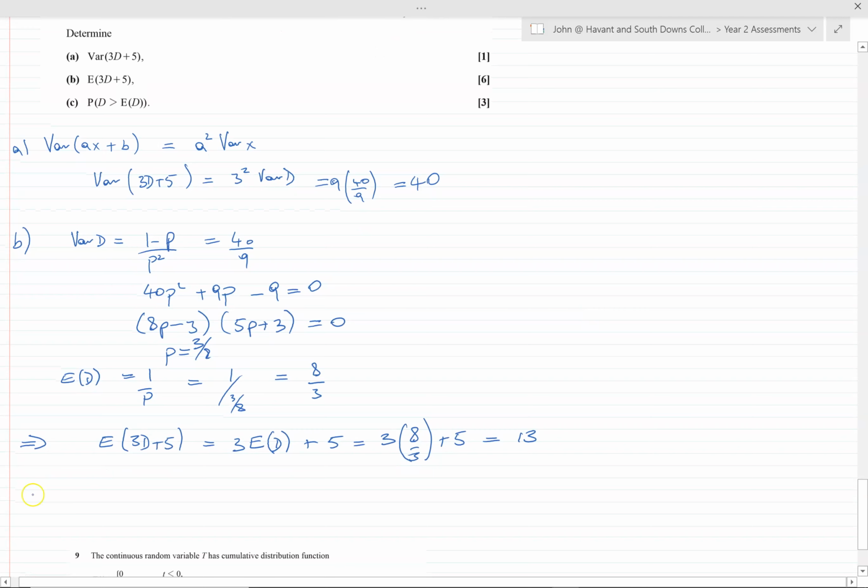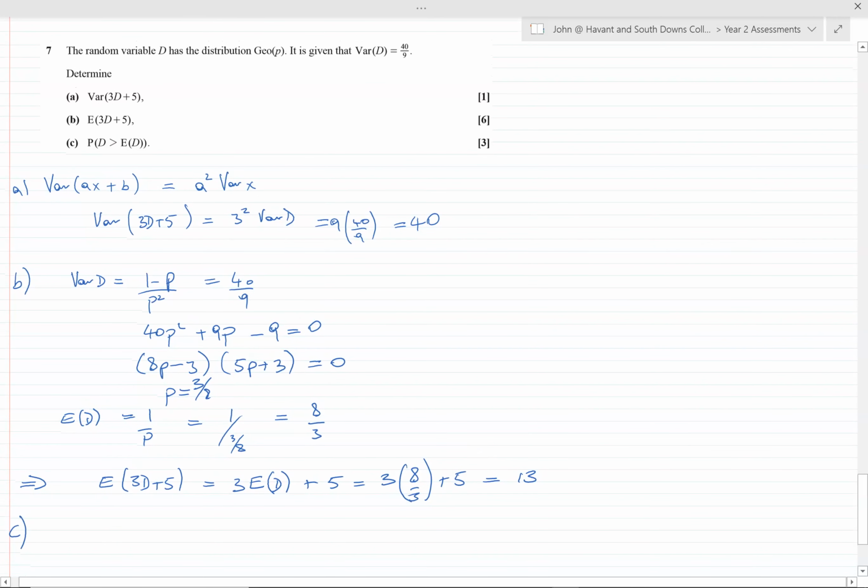And then finally, part C. Part C, we want the probability that d is greater than the expectation of d. Now this is, again, I think pretty straightforward, but it's testing whether you understand the fact that geometric is discrete.